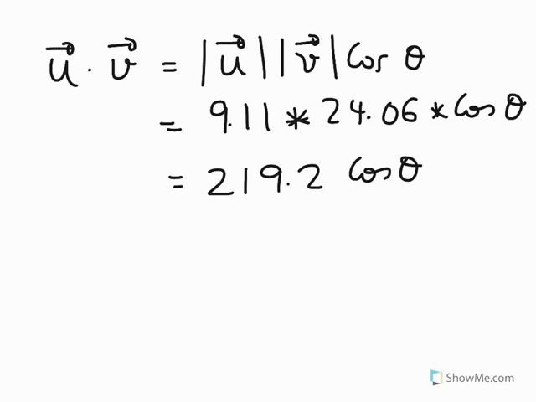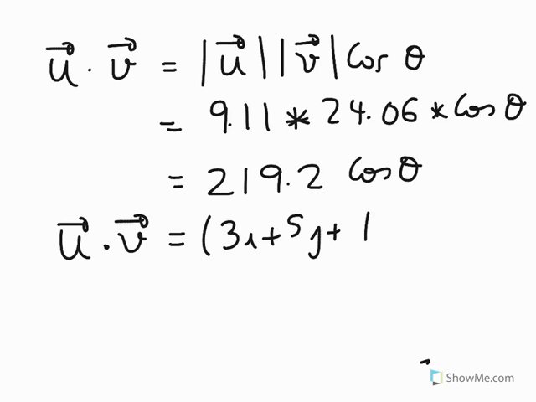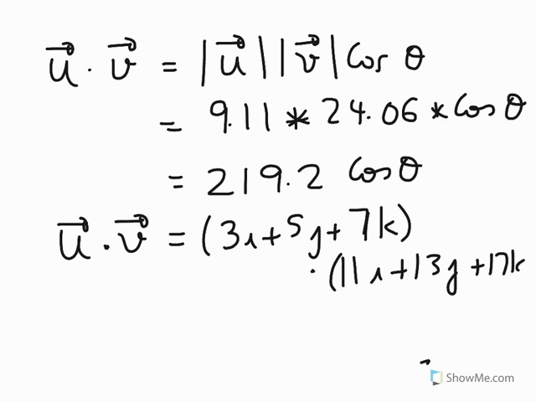We can also now calculate the dot product of the two vectors u and v by multiplying the corresponding components. So if I have to find the dot product of these two vectors, it will be 3i plus 5j plus 7k dot product with 11i plus 13j plus 17k.